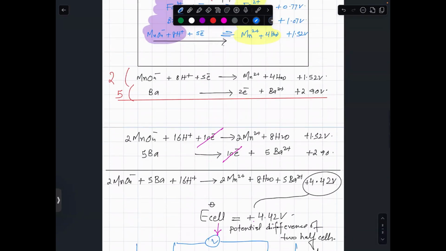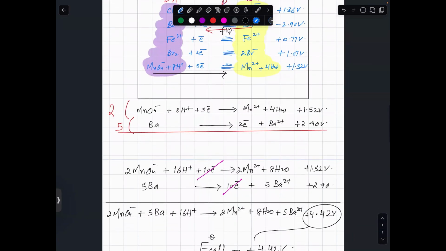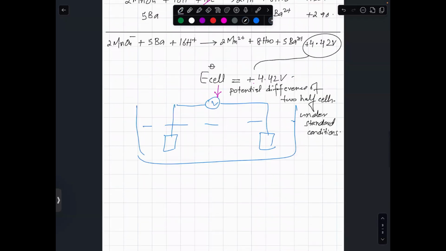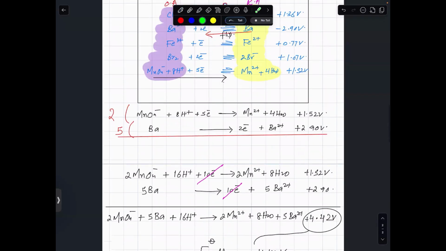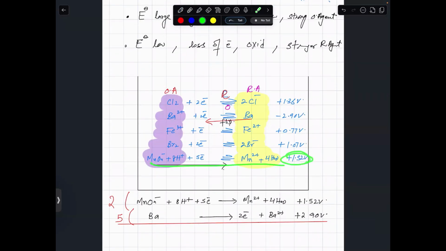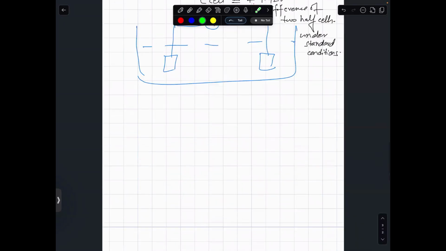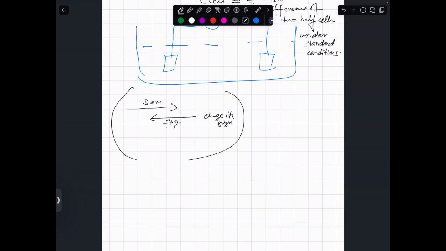Now listen. We can also calculate the E cell using another method. Like it's a potential difference. Either you keep the forward one the same, flip the other one and change its sign, and take the sum of the two.